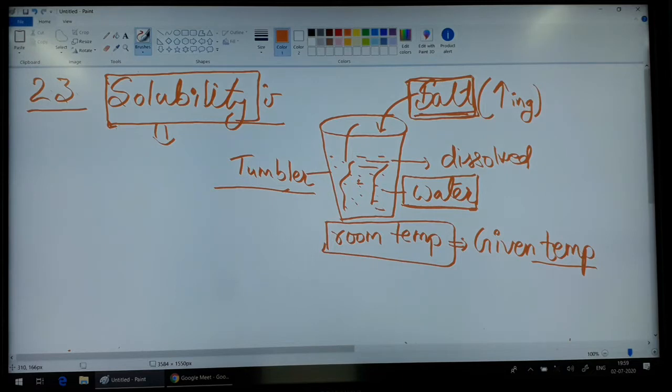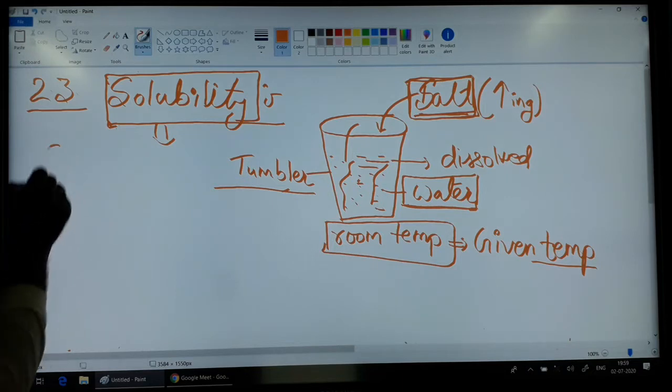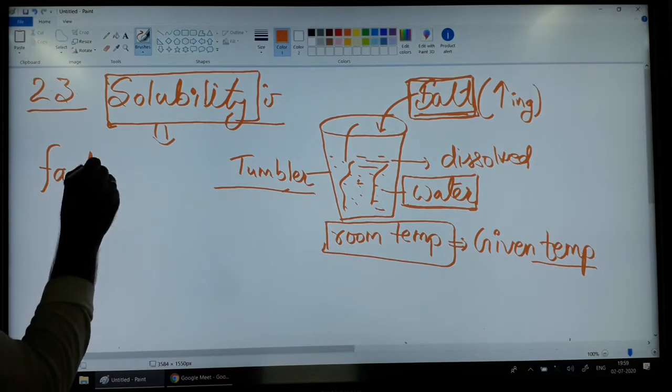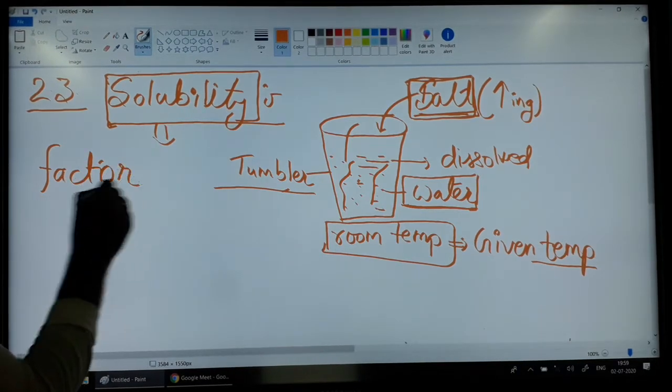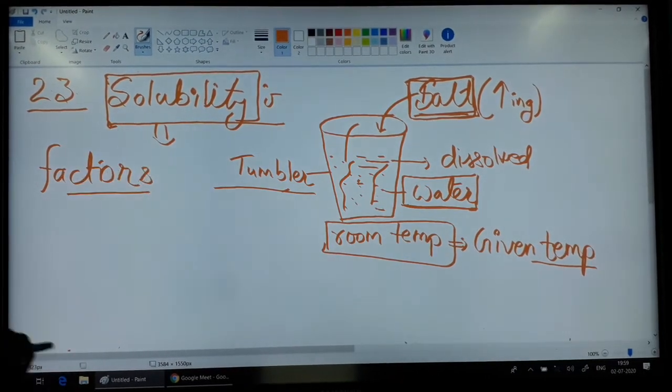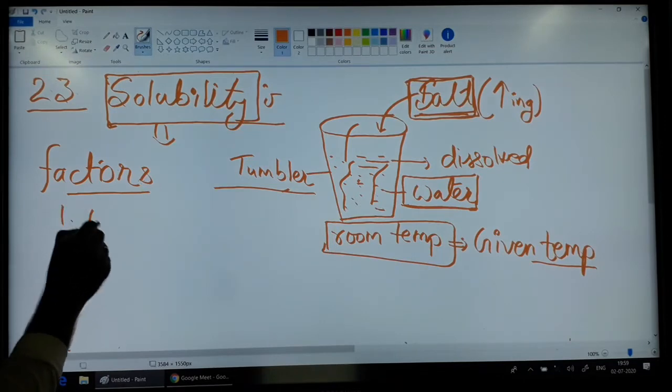Now, what are the factors which affect solubility? First one is nature of solute.